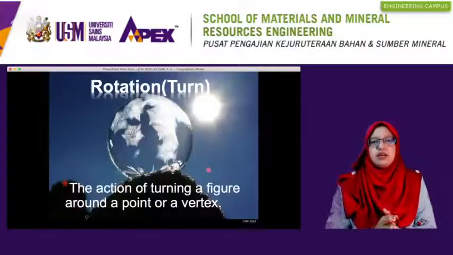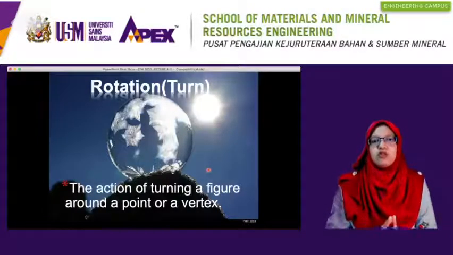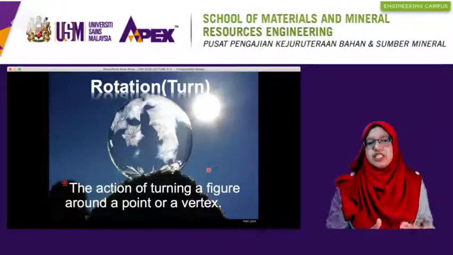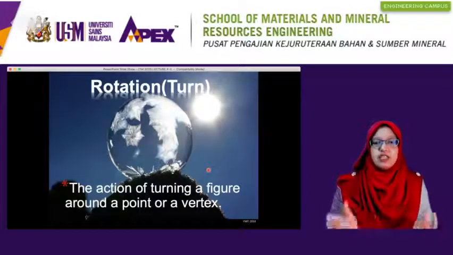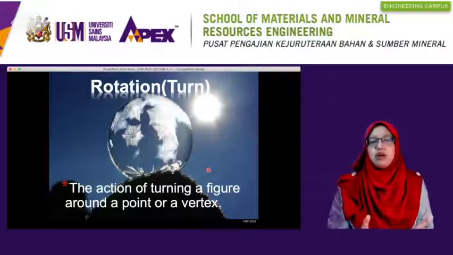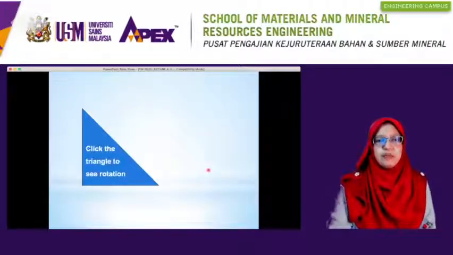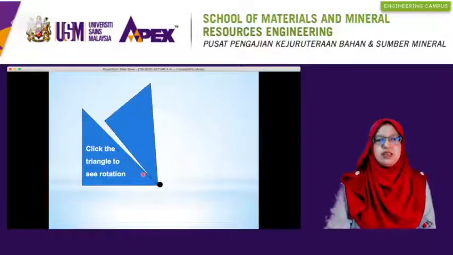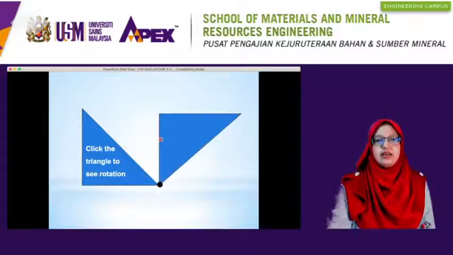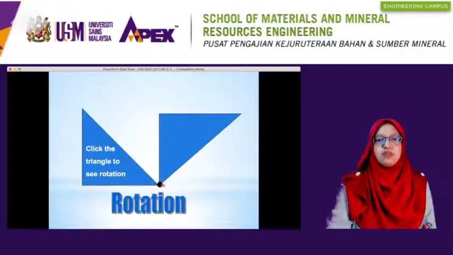Alright, let's look at rotation or turn. Rotation is basically the action of turning a figure around a point or a vertex. Let's look at this illustration. You can see the triangle is rotating on a vertex or a point to a certain angle.